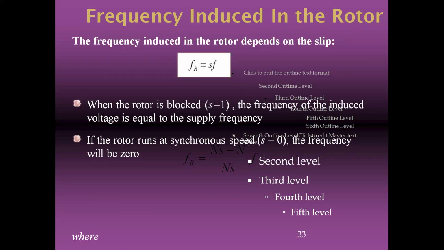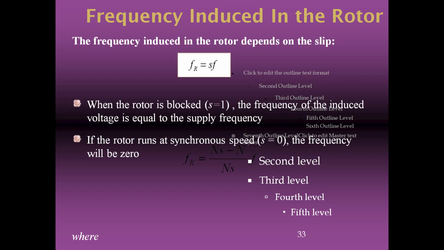First of all, let us put the similarities as points. In a transformer there are 2 electrical circuits; here also, stator and rotor, like primary and secondary. The common thing is a constant flux in the transformer core; here, constant flux in the air gap. So these two circuits are magnetically coupled, the same as in a transformer. Power is transferred from primary to secondary in a transformer; here, power is transferred from stator to rotor.